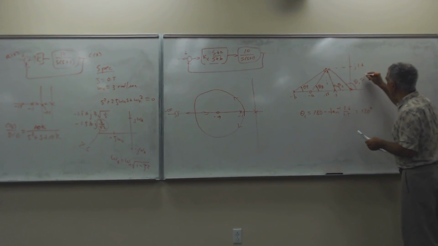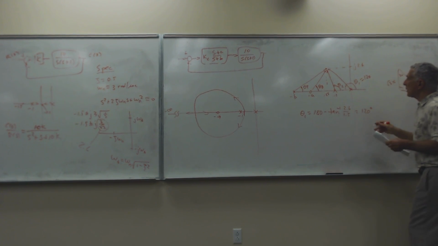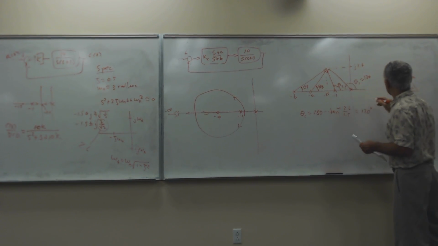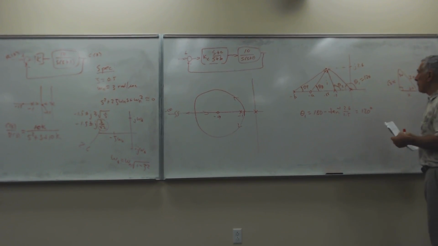So this theta 1 is equal to 120. Clearly, this is 60 degrees. So this turns out to be this kind of a triangle, 30, 60, 90, where the x value is like 1.5.